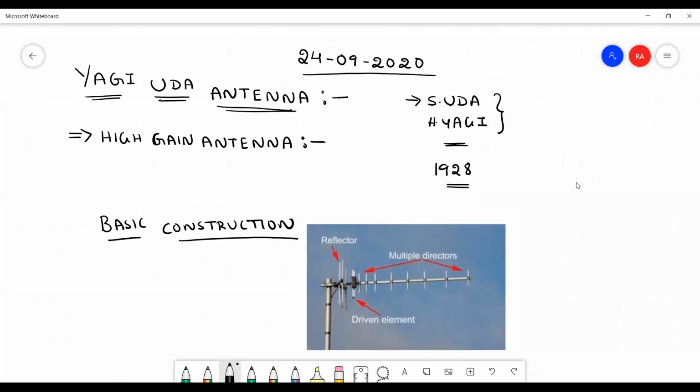This is the simple basic construction of the Yagi-Uda antenna. It will consist of a reflector, directors, and a driven element.